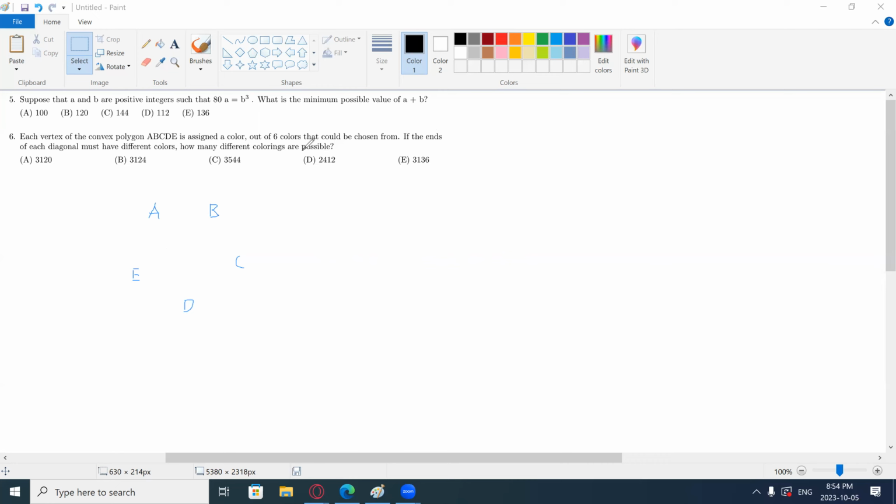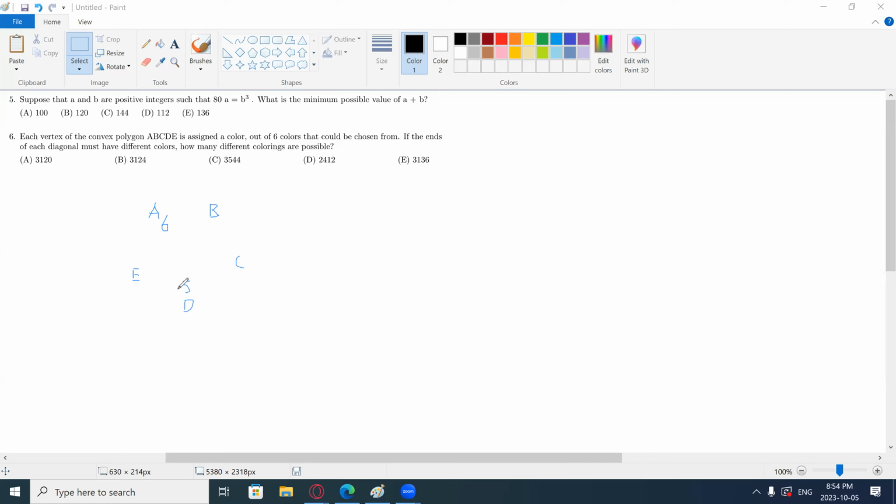So since there are 6 colors to choose from, we have 6 possible colors that A can be. And let's take a look at D. There are only 5 different possible colors to choose from for D, because, for example, if A chooses color number 1, D can only choose color number 2, 3, 4, 5, and 6.